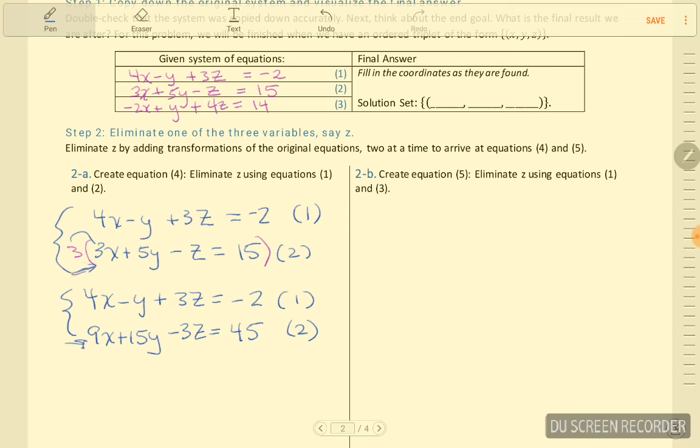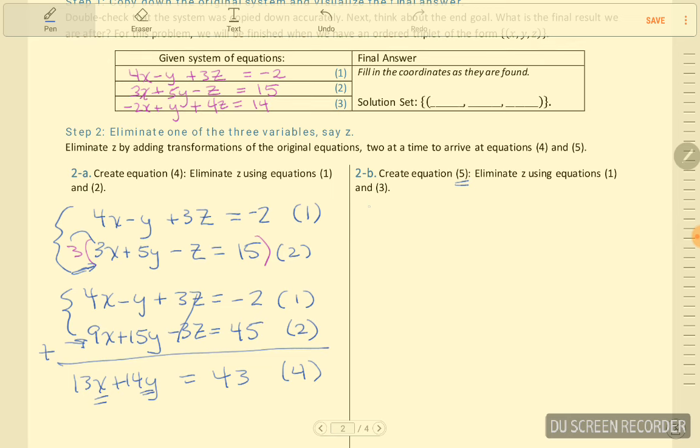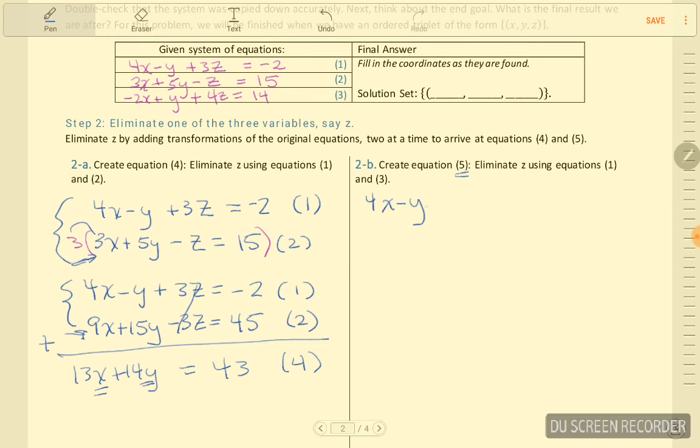So now I'm going to add those together, and I'll get 13x plus 14y and 0z equals 43. And this is equation 4. So now I have only 2 variables in my fourth equation. I'm going to do a similar process now for finding the fifth equation, and I'm going to use equation 1 again for no particular reason other than for a simple approach.